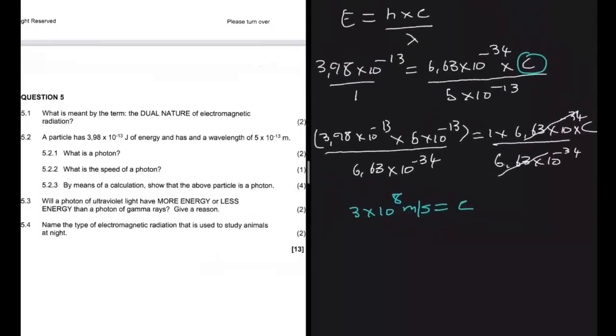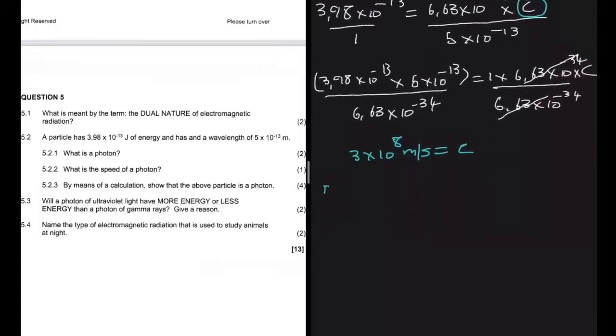So we have 5.3, which is saying, will a photon of ultraviolet light have more energy or less energy than a photon of gamma rays? Let's give a reason. So a photon of ultraviolet light will definitely have less energy, right, compared to gamma rays. We know that gamma rays have the most energy, I think, followed by X-ray and so on. So ultraviolet will have less energy compared to gamma rays. And they're saying we must give a reason, right?